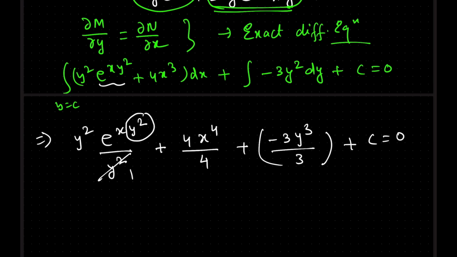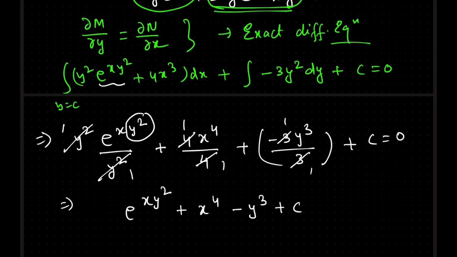You will see that the y square cancels with the y square, the 4 cancels with the 4, similarly 3 will cancel with this 3. Rewriting it: e to the power x y square plus x to the power 4 minus y cube plus c equal to 0. This is our final solution of the differential equation.